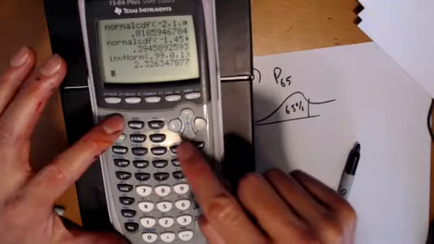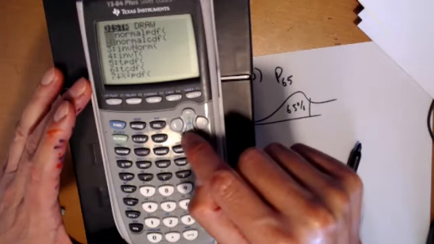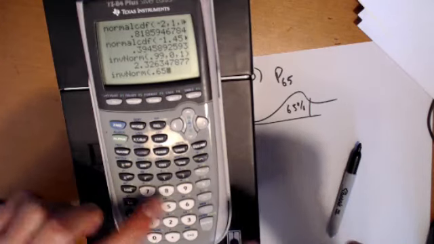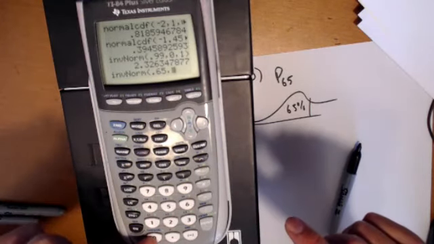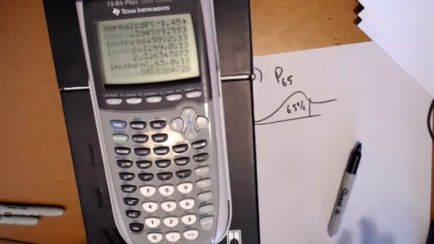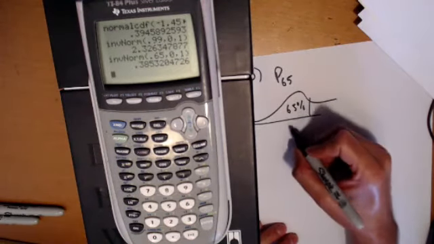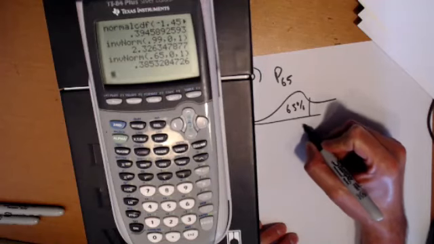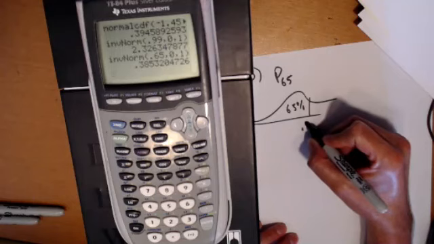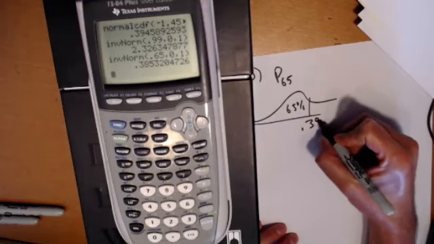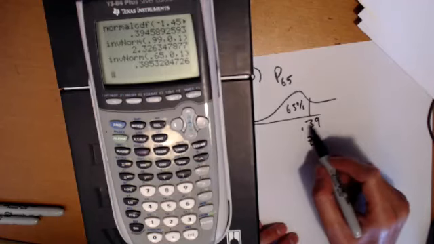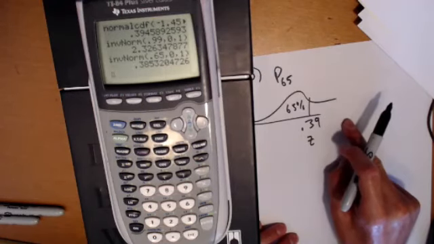Second distribution, inverse normal, 0.65, comma, mean of 0, comma, standard deviation of 1. Enter. So z value of 0.385, or 0.39. So you might be confused, why did I round to 2 as opposed to 4?